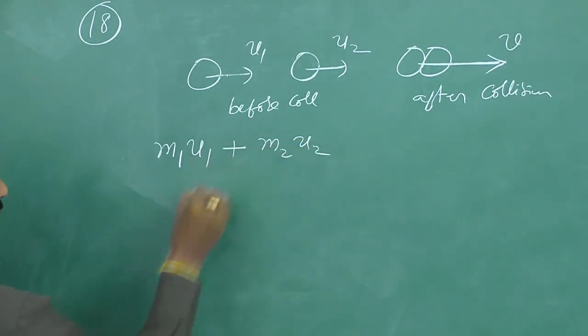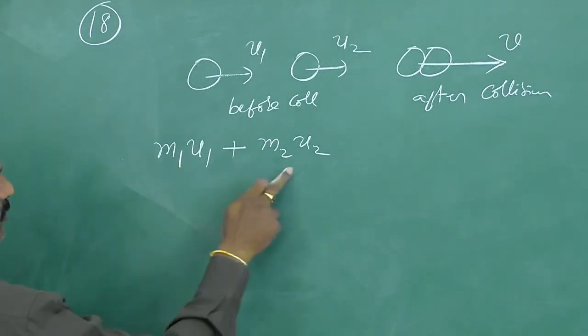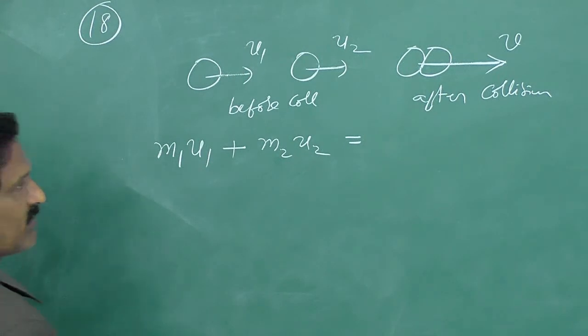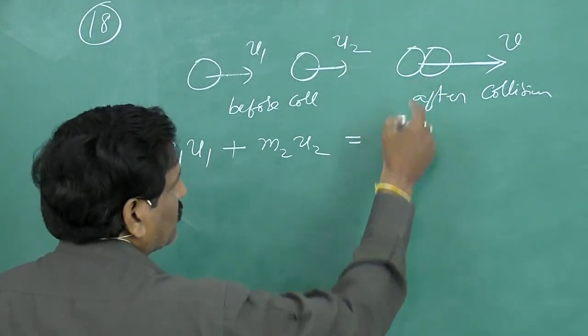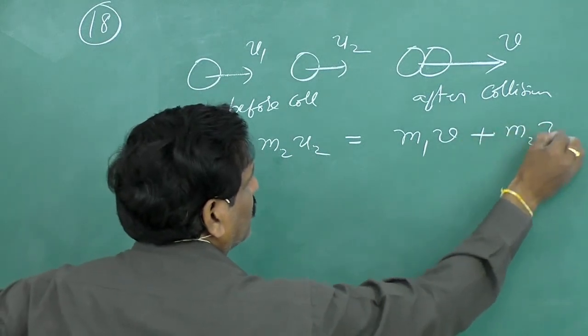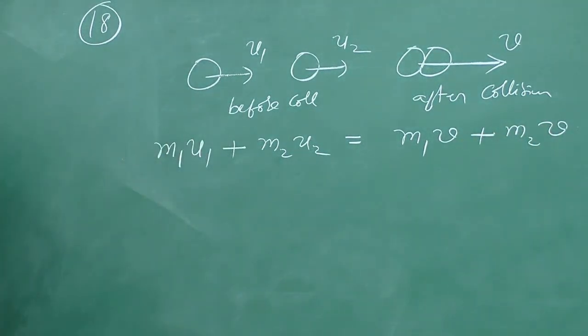Total momentum means plus. So m1 u1 plus m2 u2, this is the total momentum before collision. This should be equal to the total momentum after collision. Total momentum after collision means m1 v plus m2 v, because v is the common velocity, because when they stick together they move with a common velocity, say v.